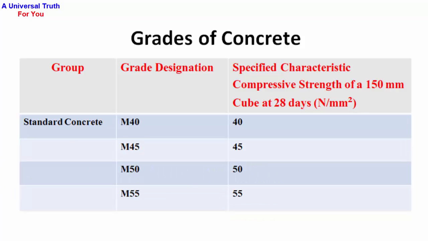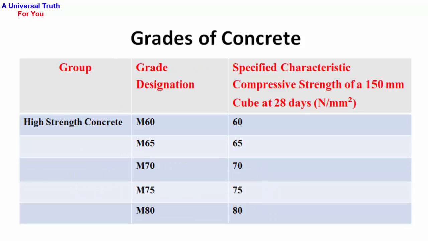Further, in standard group, other grade designation is M40, which has 40 Newton per mm square characteristic compressive strength. Next is M45, it is 45 Newton per mm square. Next is M50, it is 50 Newton per mm square. Next is M55, it is 55 Newton per mm square.